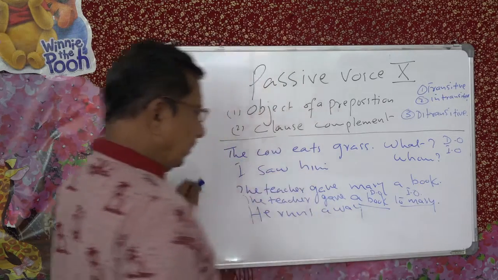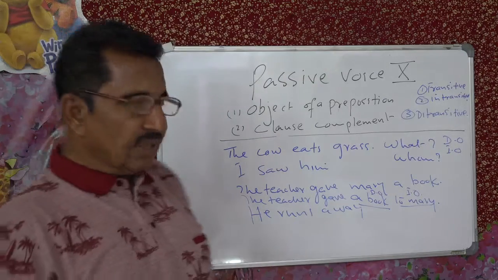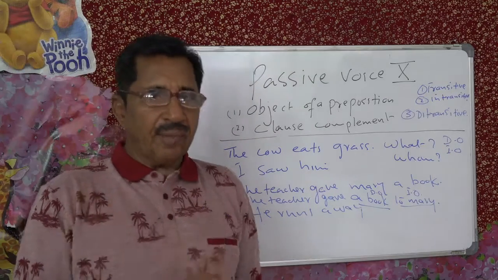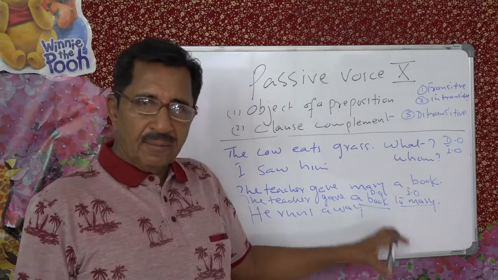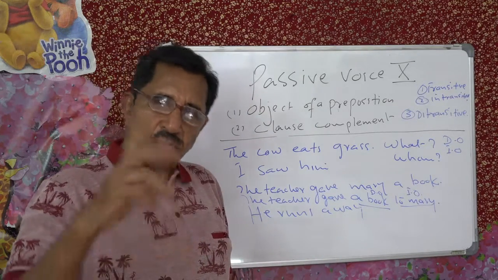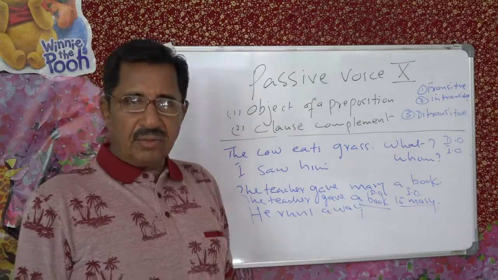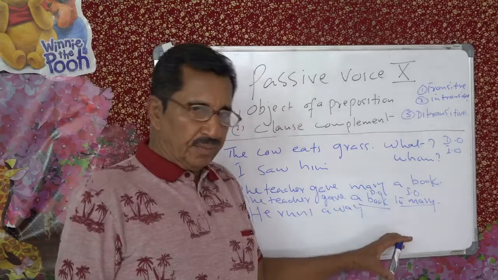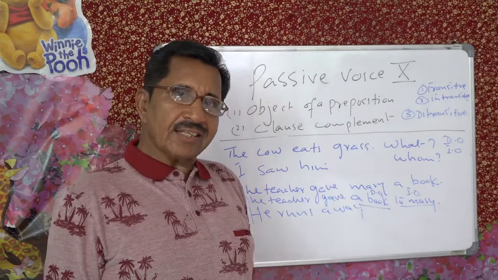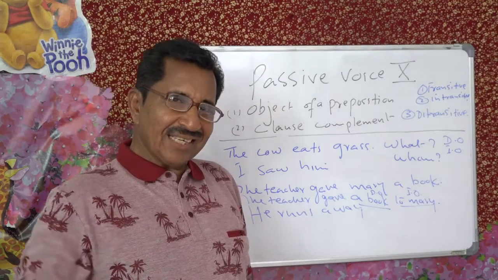This has some relevance when we convert active into passive. That's why I am pointing out that certain verbs have two objects, like ditransitive verbs, we can use the technical term now. Now there is another very interesting grammatical term.